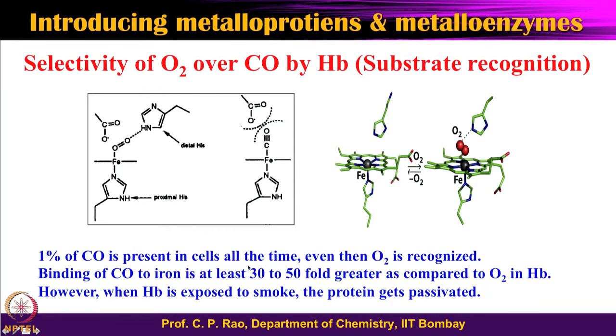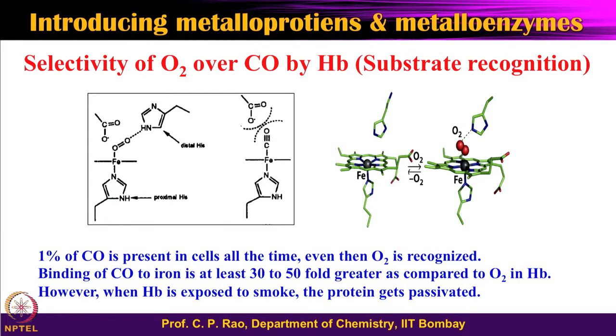So, O2 must bind to the hemoglobin in the presence of 1% CO. That means the enzyme must differentiate CO versus O2 even at that particular concentration of CO.